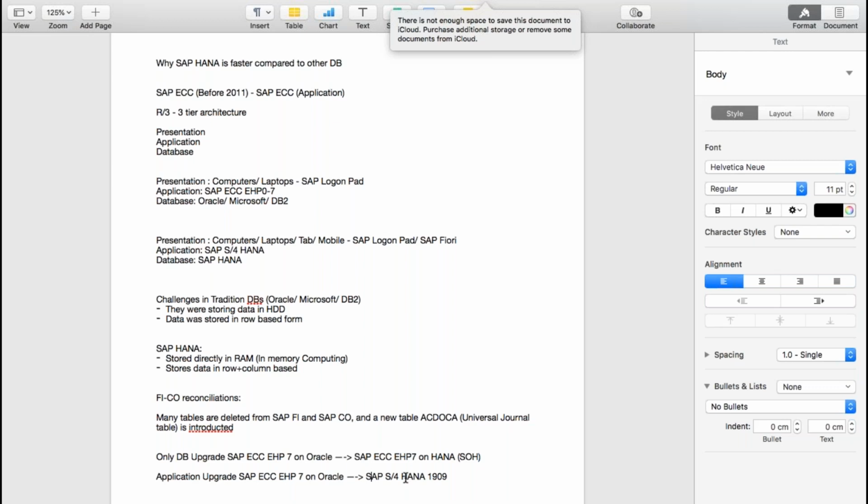And the old Oracle database goes away, and the new one is HANA, correct? For technical, it is. Exactly. Because in SAP S4HANA, we cannot continue with Oracle. So when you are upgrading the application, the database will automatically be converted from your third-party database to SAP HANA. Okay, got it.